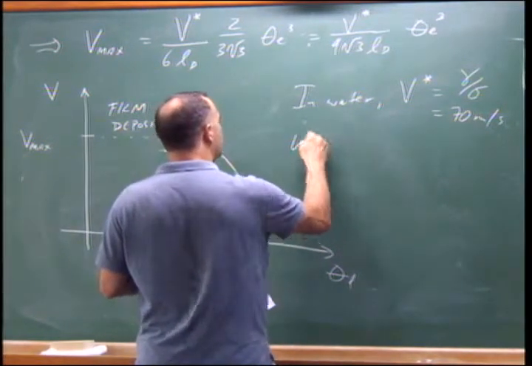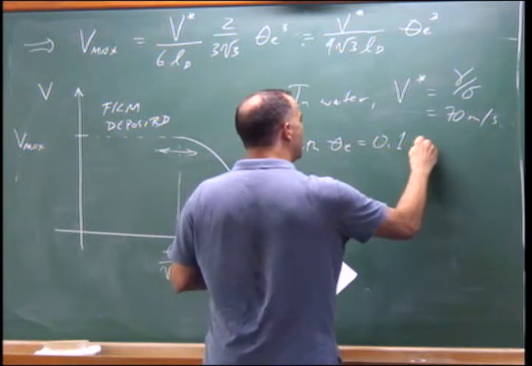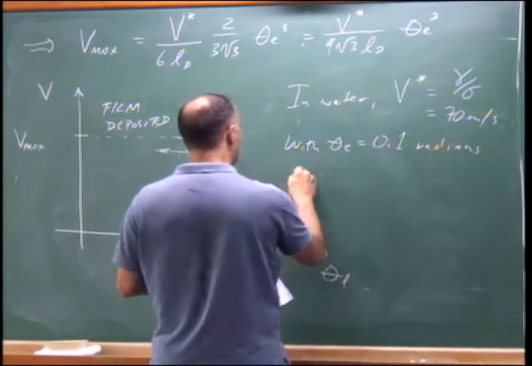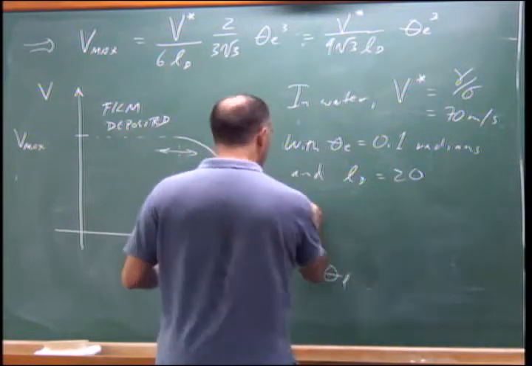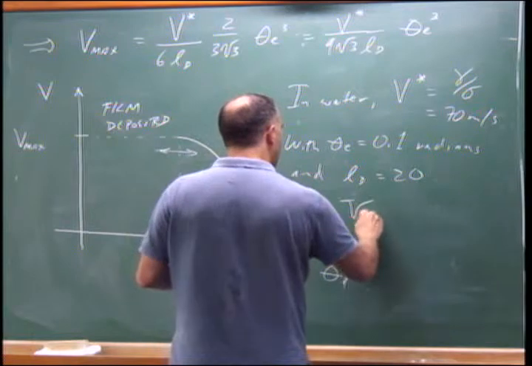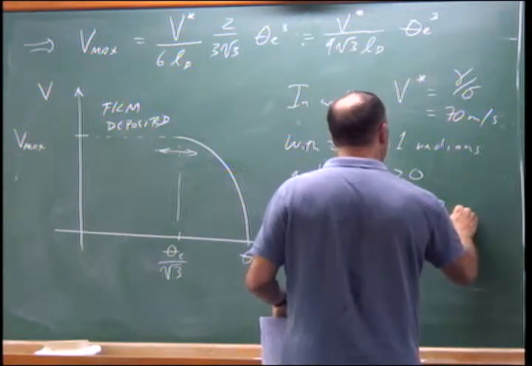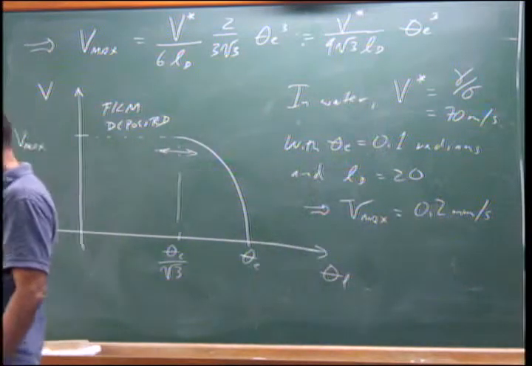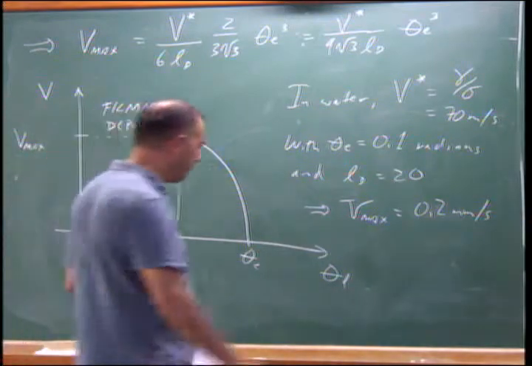If we choose our magic number to be 20, then we get a maximum speed of 0.2 millimeters per second. So this is the speed if you pull a plate out of the water, beyond which you'll entrain a film. Okay.